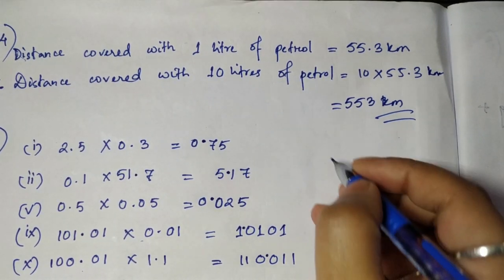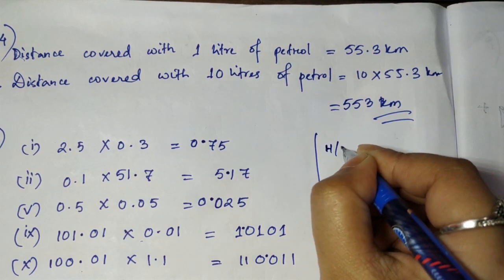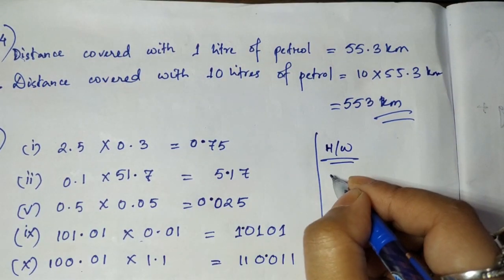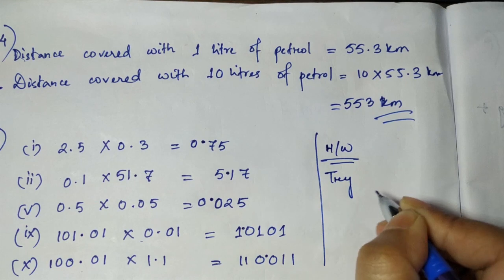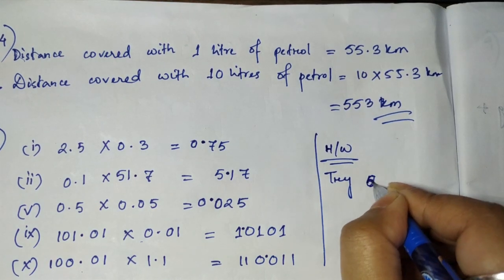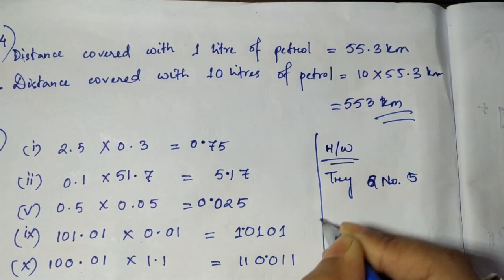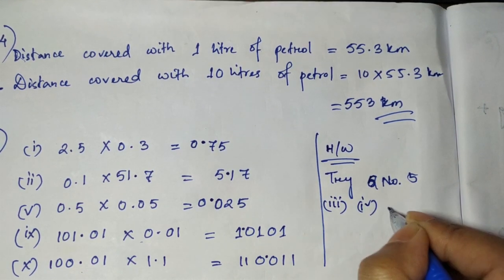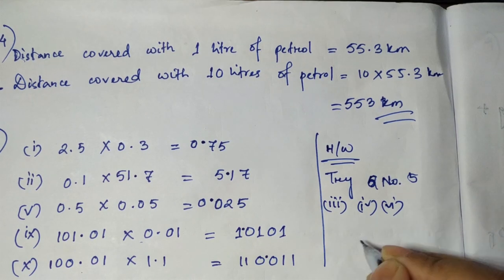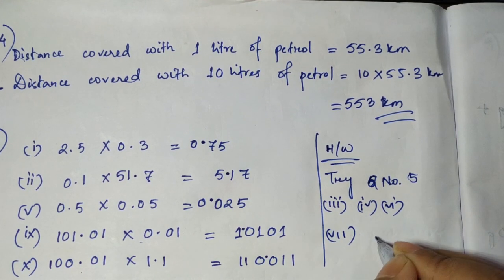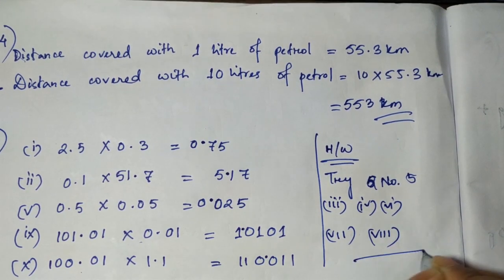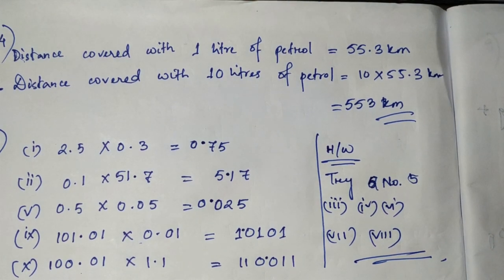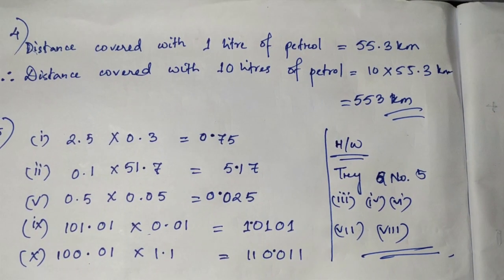Now what I want you to do is, as homework, you will try the remaining questions of this question from question number 5. Okay, from question number 5 you will try number 3. 2 I have done, 1 2, then you will be doing 4, 5 is done, 6 you will do, then 7 and 8. This you will be doing as your homework after you finish understanding this.